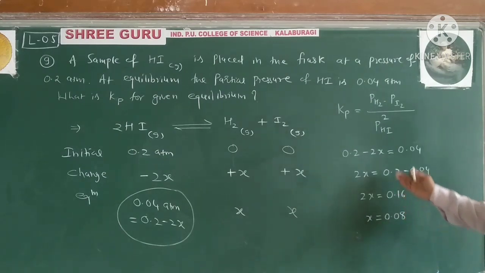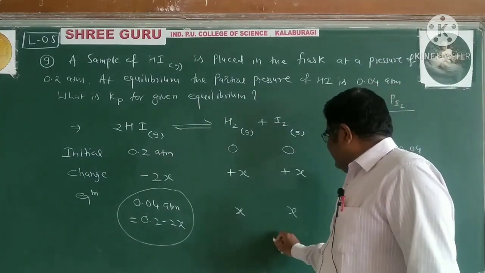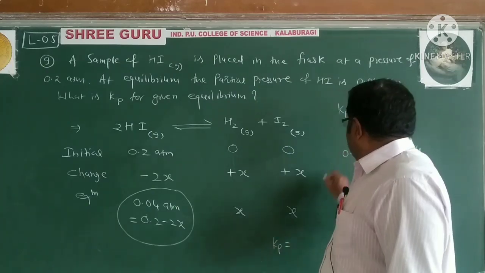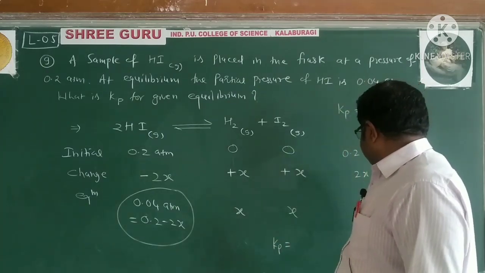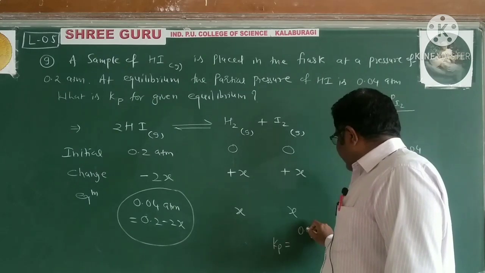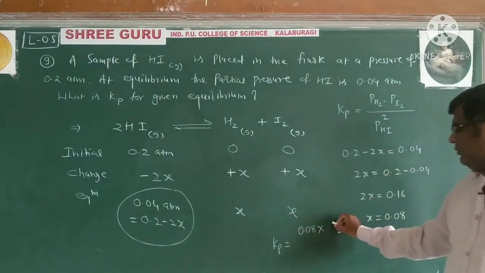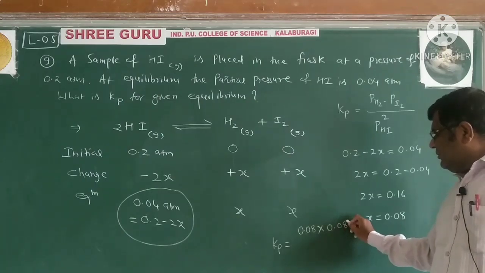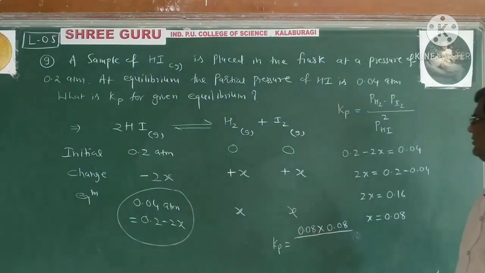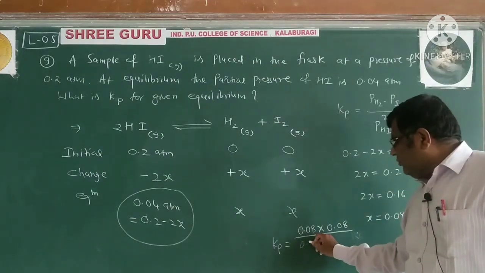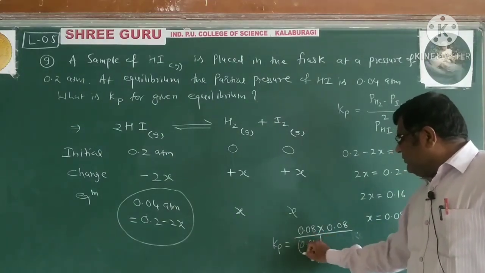We substitute this 0.08, the partial pressure of hydrogen. So Kp equals 0.08 for hydrogen, 0.08 for iodine, divided by 0.04 squared.